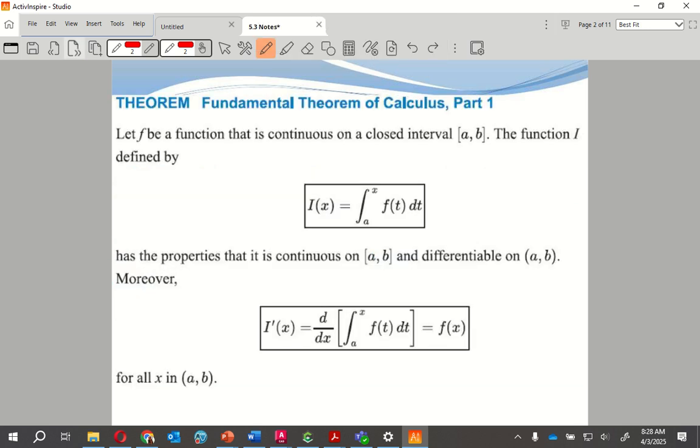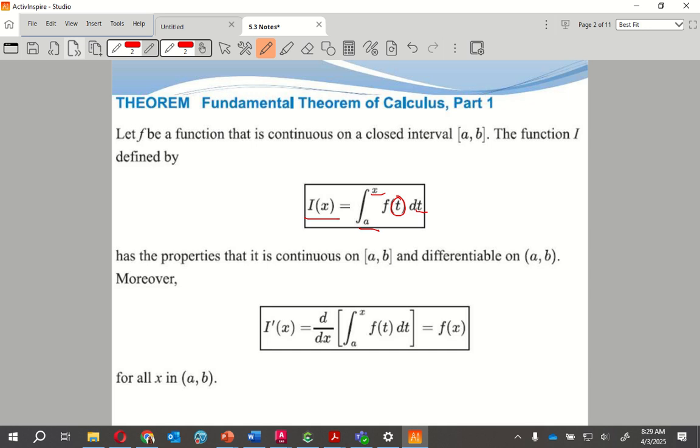So, here, let f be a function that is continuous on a closed interval from a to b. Let the function I, capital I, notice, of x be the integral from a to x, so this is my lower bound, this is my upper bound, of f of t dt, right?